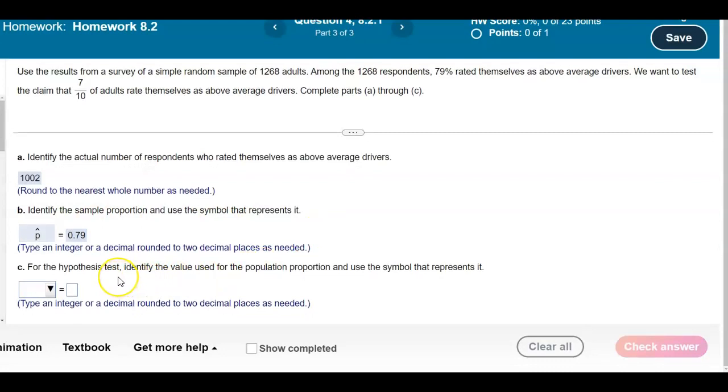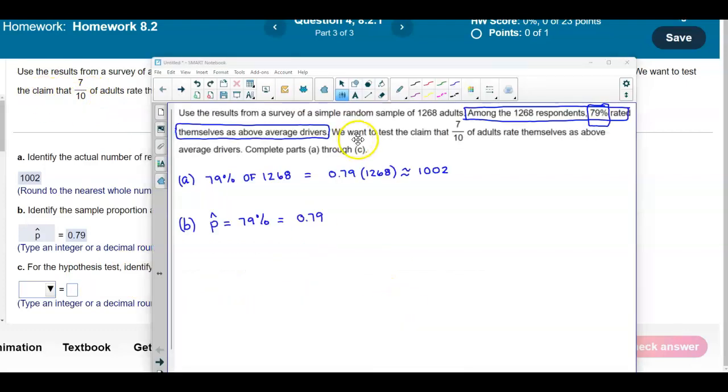Now it says for the hypothesis test, find the value used for the population proportion and use the symbol that represents it. Now when you're discussing the hypothesis test and you want to find the population proportion, that's going to be in the sentence that represents the claim. So the claim is telling us to test a claim that 7 over 10 of the adults rate themselves above average drivers.